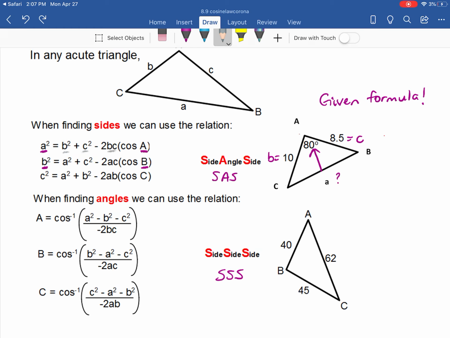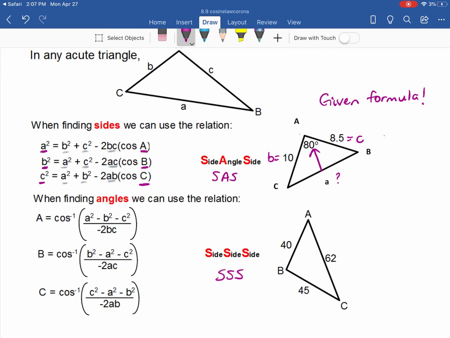So these go together. And then, actually, let's make that a different color. Okay, and then A and C, AC here. So then if you're looking for C squared, then you use A squared, B squared, AB, and then the cos of the angle you're looking for.